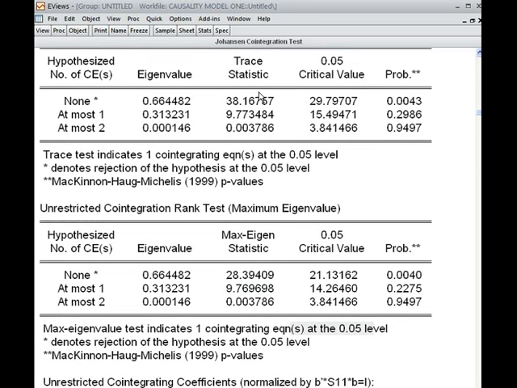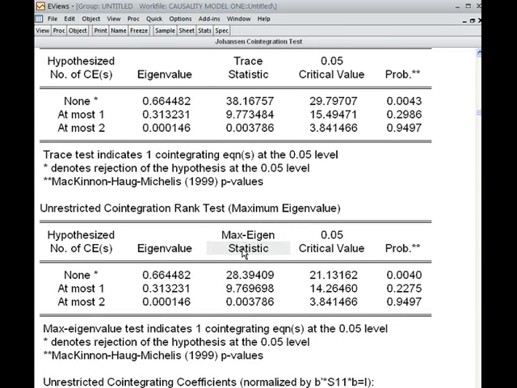So, both the trace statistics and max eigenvalue statistics are telling that there is one cointegrated equation. What does it mean?